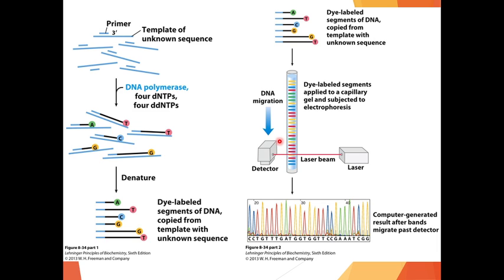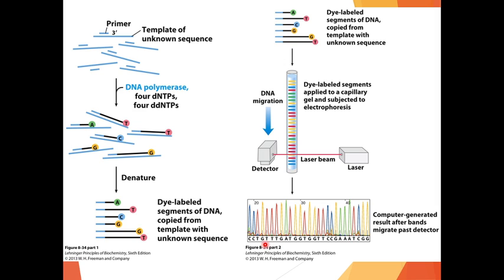Now, the DNA sequence is read by identifying the color sequences in the bands as they pass the detector and feeding this information directly to a computer. The amount of fluorescence in each band is represented as a peak in the computer output. That's what you would see.